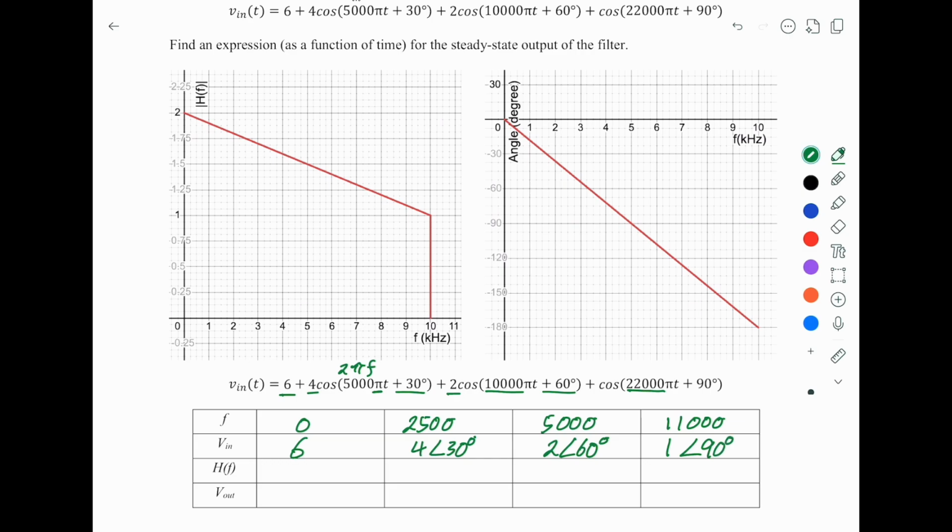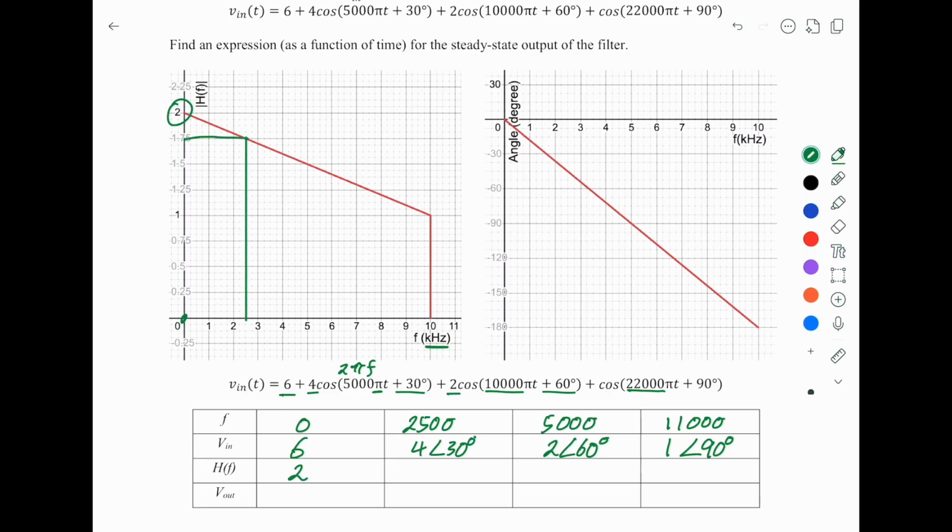Next, let's look at the transfer function of each component. At DC, 0 frequency here, it is 2, so this is 2. Then 2500, so this is kilo. It means 2.5 kilohertz.